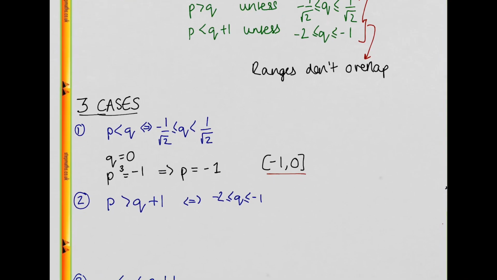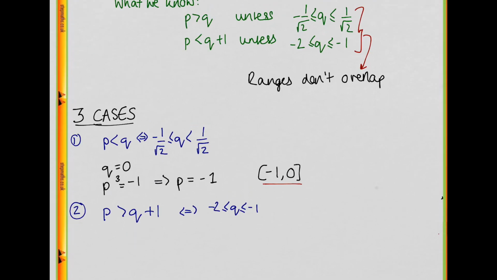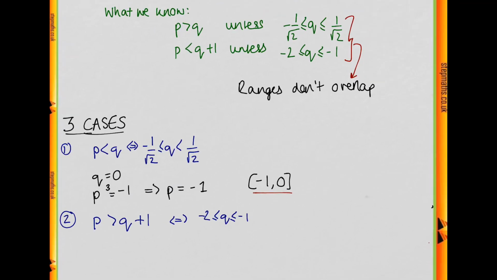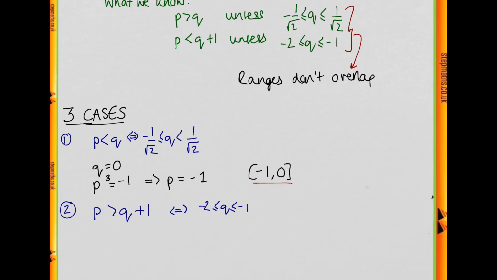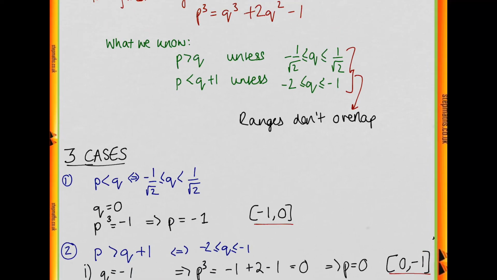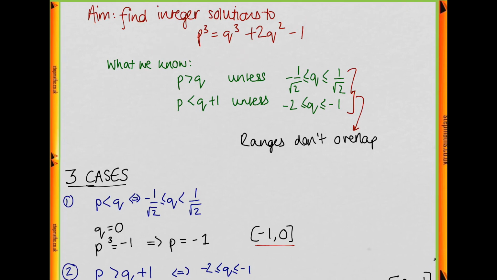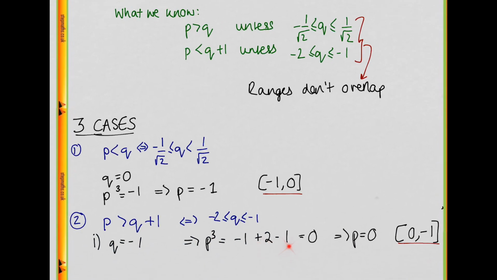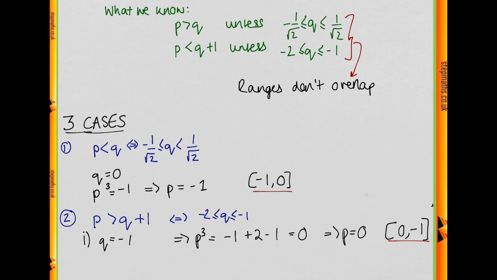The other case is that p is greater than q plus 1. So q is between minus 2 and minus 1, including both. The only integers that work are q is minus 1 and q is minus 2. Trying both of those, q is minus 1, and subbing it into star, we get minus 1 plus 2 minus 1 is 0, and that gives p is 0.